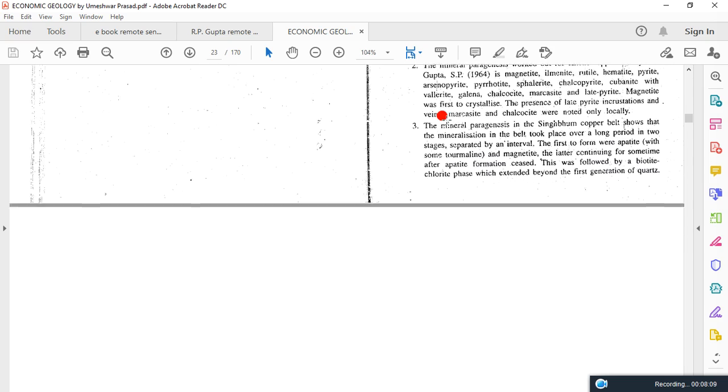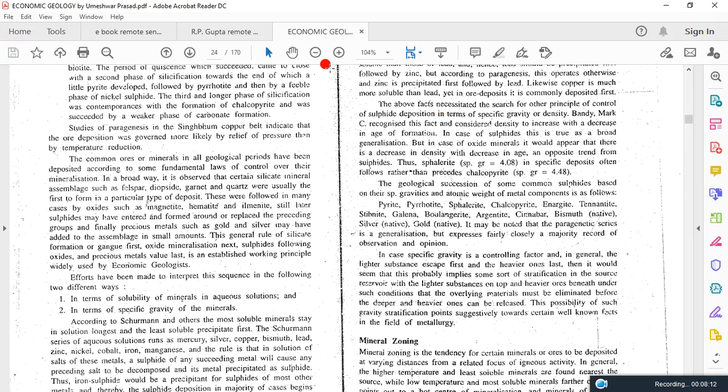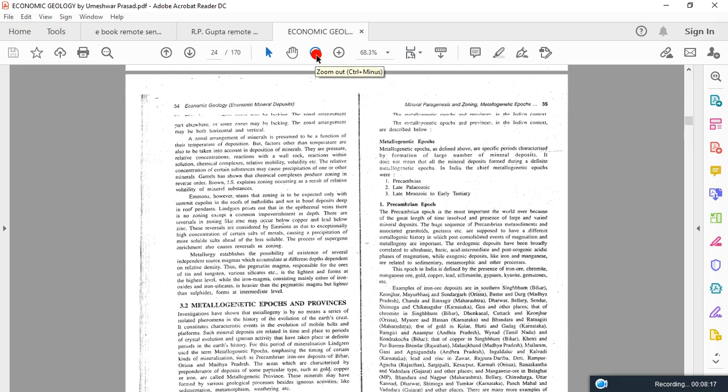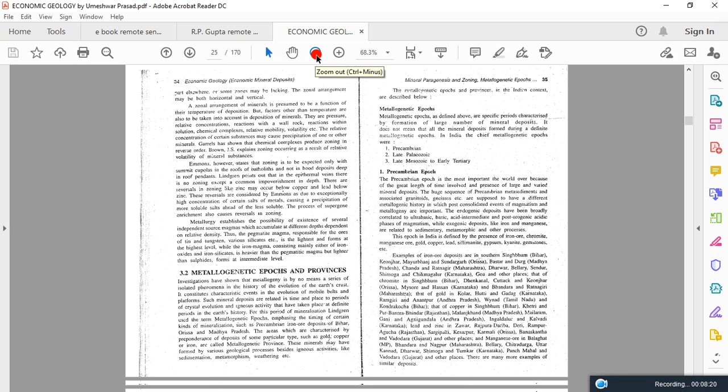If you see the next page of this book, you will find our two words written here, metallogenic epochs. Okay, so metallogenic epochs are defined as the specific time period during which some economic minerals got deposited. You can see the definition in detail once, because you already have this book.